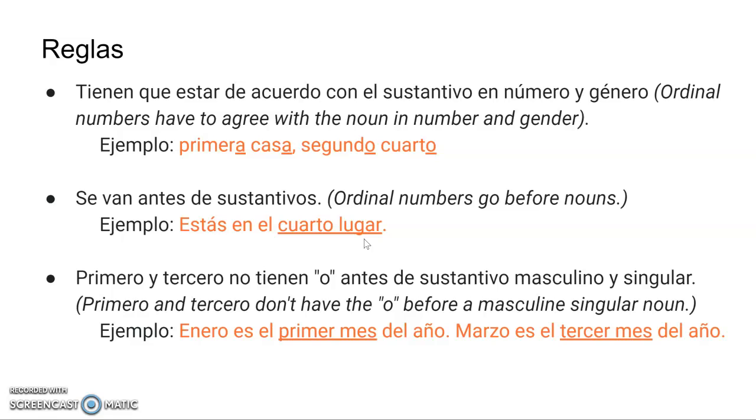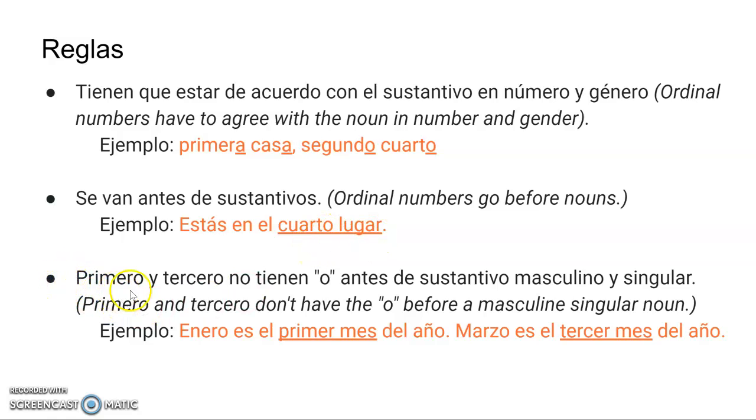So sometimes our adjectives most normally come after the noun, like we would say casa bonita, a pretty house. But here we say primera casa, segundo cuarto, cuarto lugar. So that número ordinal comes before the noun.